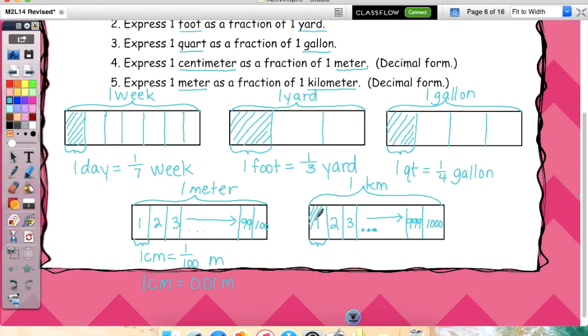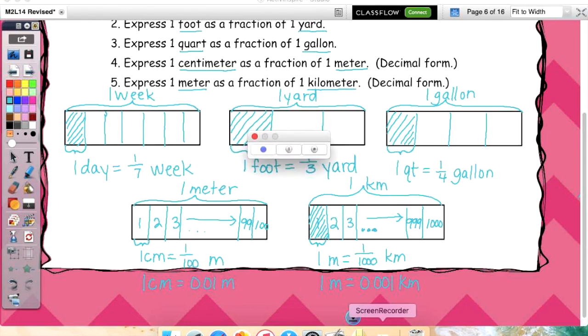So if I were to shade one of these, this would be 1 meter equals 1/1,000th of a kilometer, or 1 meter equals 0.001 of a kilometer. Okay, that's where we're going to stop for today.